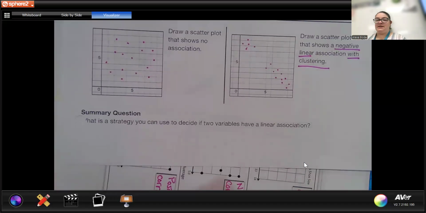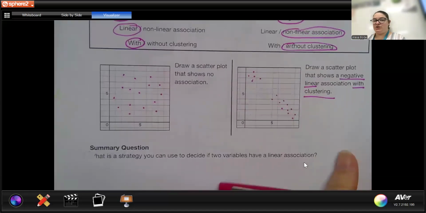Okay, so to end these notes, the summary question: what is a strategy you can use to decide if two variables have a linear association? So specifically determining whether it is linear or not.